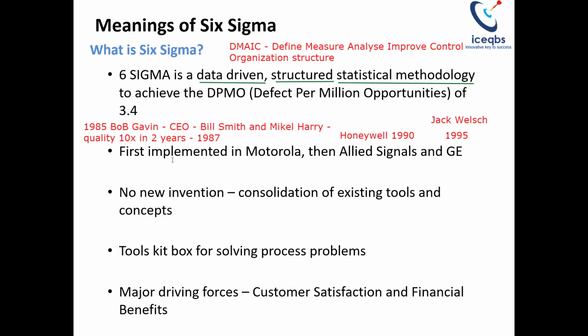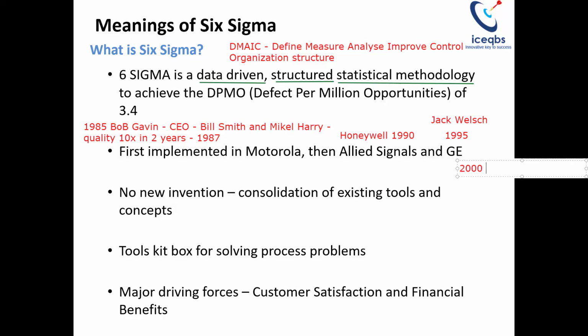So you can see that the initial companies where Six Sigma was implemented were all the manufacturing companies, right? But starting from the year 2000, this methodology started to be implemented even in service and software related companies, like Infosys, Bank of America, American Express.